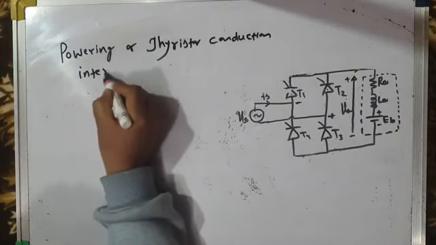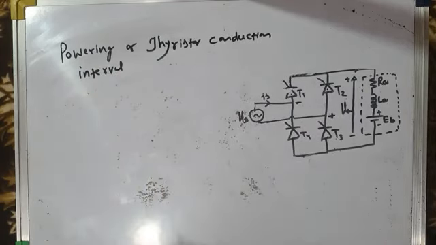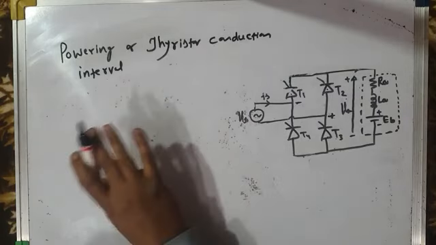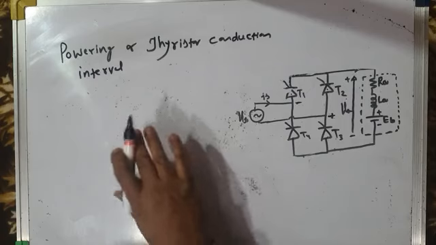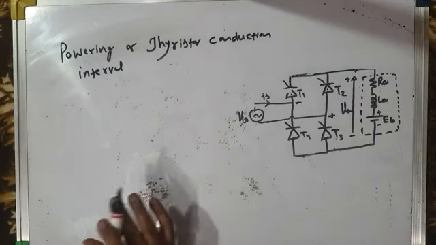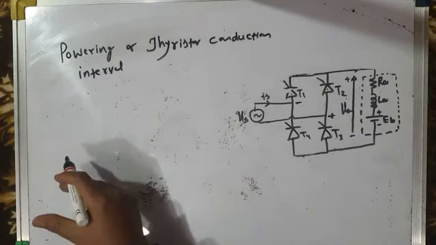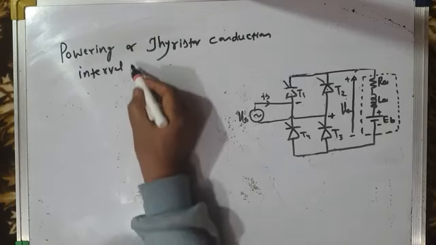Since I have erased the waveforms, I don't have waveforms on this board, but when you watch this lecture, you will also draw the waveforms, and for you those waveforms are preserved on your notebook. You can refer to those waveforms, and you can find powering interval.